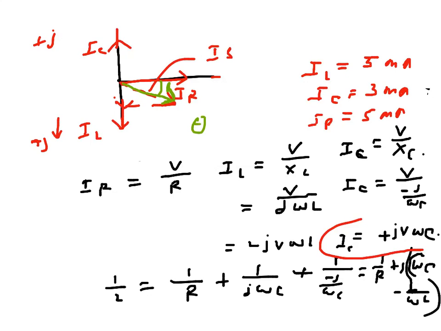So angle theta will be tan inverse of IL minus IC over IR, since this is a right angle triangle.